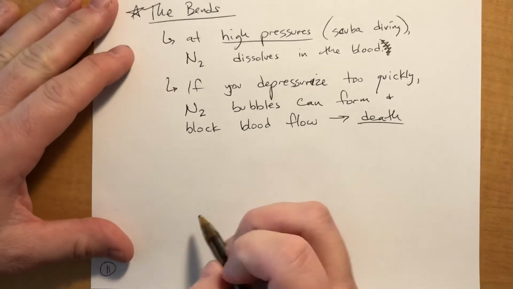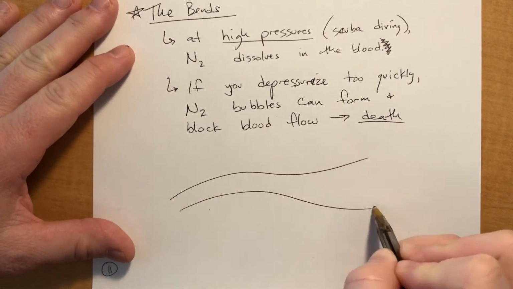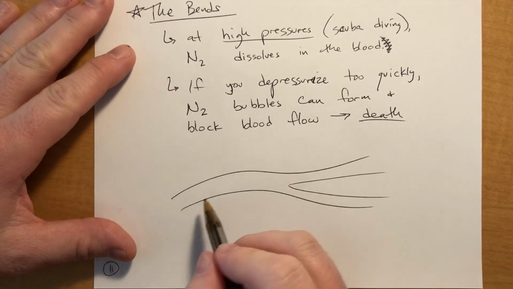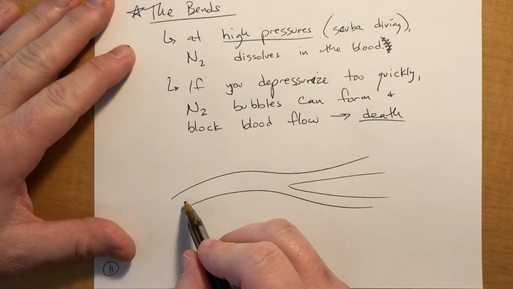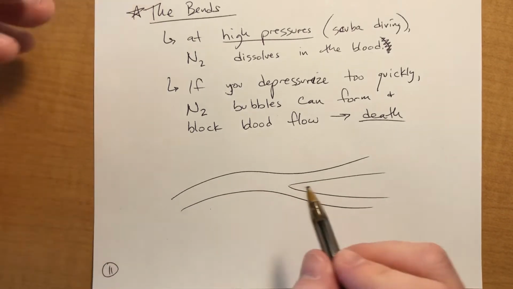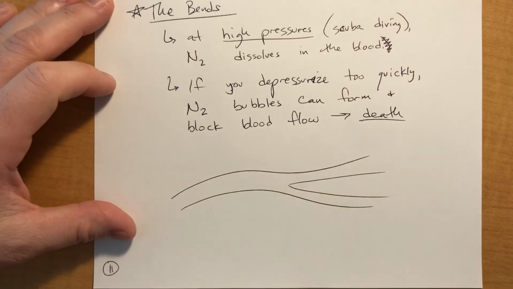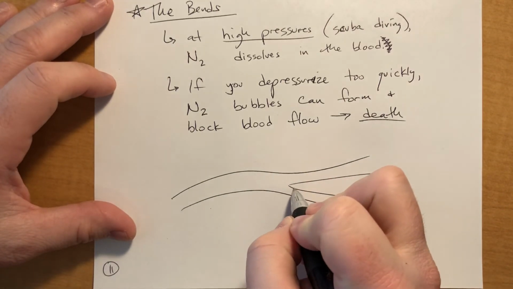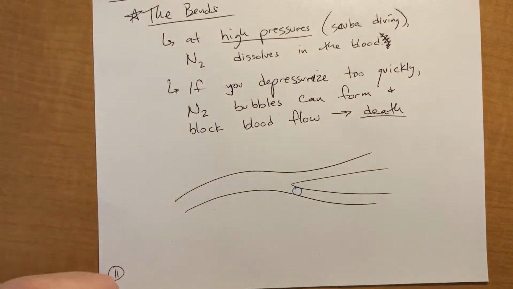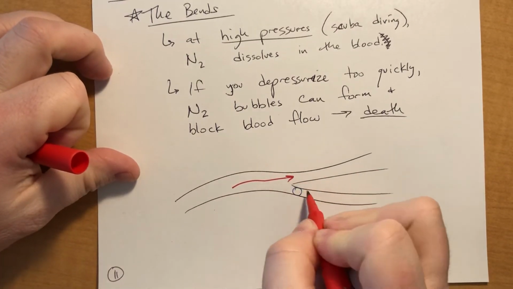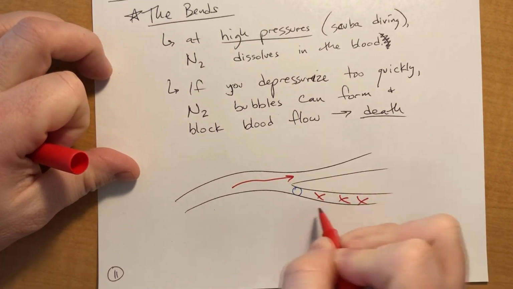So basically what it comes down to is, suppose you have veins, hopefully you do, hopefully blood's flowing. Dissolved gases move with the liquid because they are dissolved. If you had a bubble of nitrogen form, it would impede blood flow, and basically nothing would go through here.